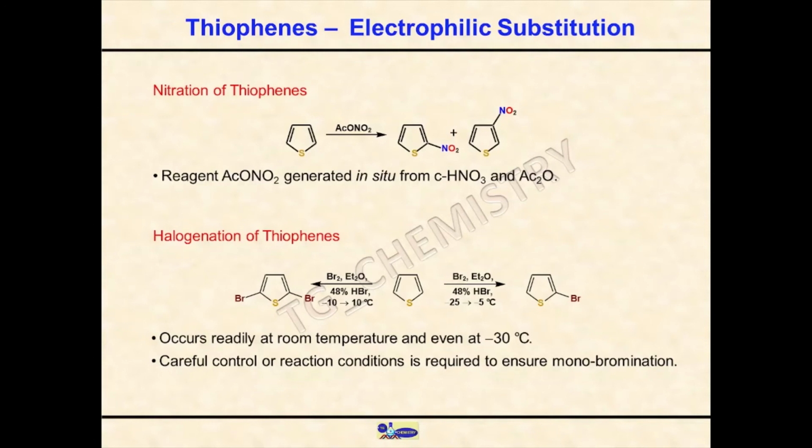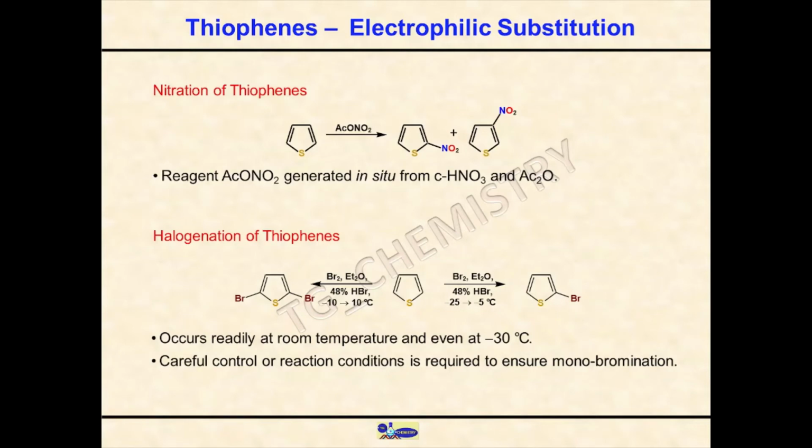As you can see in the reaction scheme, 2-bromothiophene can be obtained in the presence of molecular bromine, diethyl ether as solvent, and 48% hydrogen bromide. If we keep the temperature low, at minus 30 degrees centigrade, and gradually increase it up to -5, then we can have the monobromo, specifically 2-bromothiophene, as the major product.